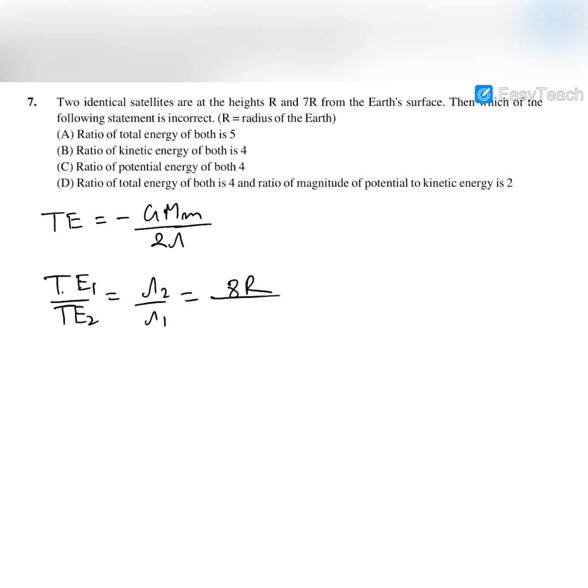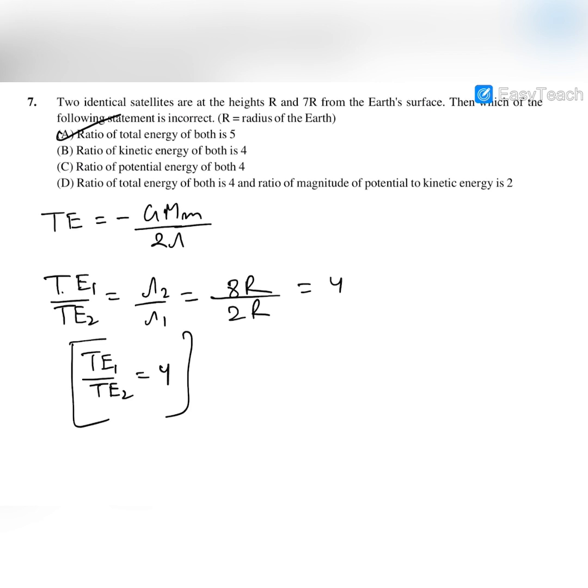Divided by this is R plus R, which is 2R. So this is 4. So TE1 upon TE2 is equal to 4. This is the ratio of total energy of those satellites. So obviously statement A is incorrect. We have to find out the incorrect statement.